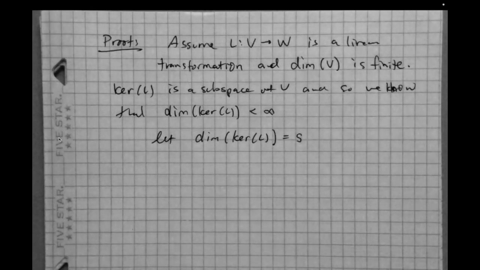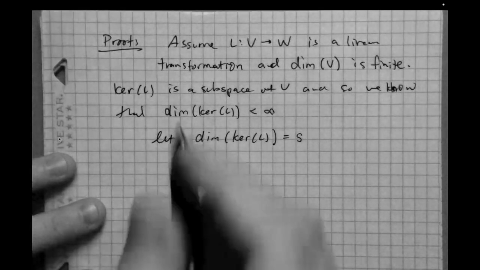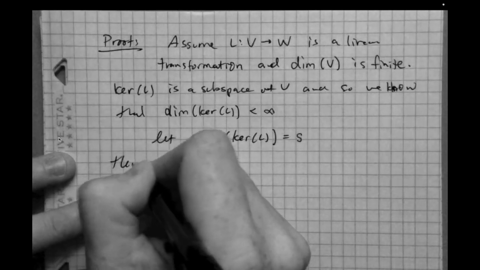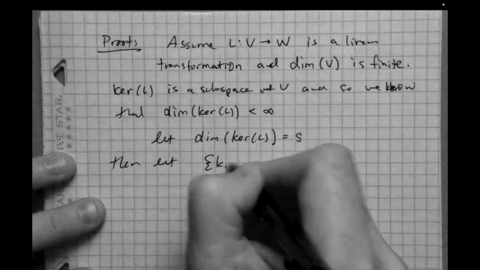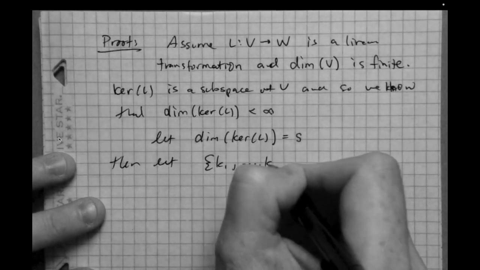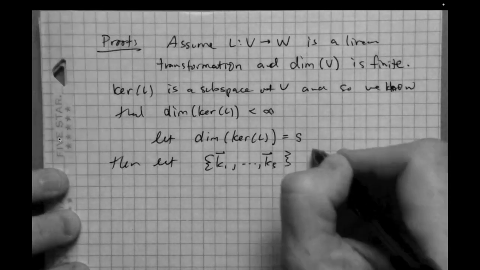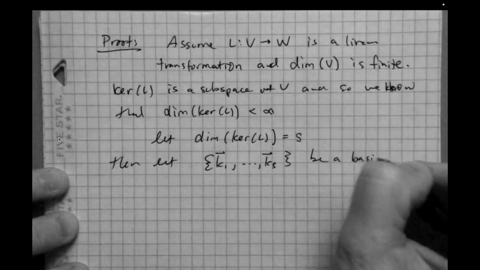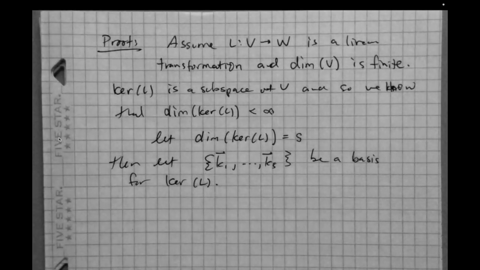If the dimension of the kernel is S, then any basis for the kernel is going to include S vectors. Let K1 through Ks be the set of basis vectors. That's our basis for the kernel.